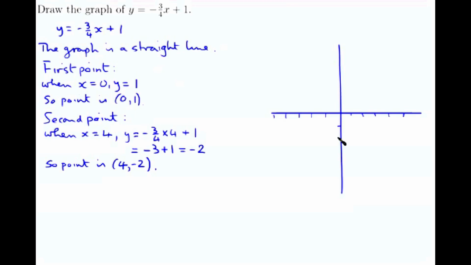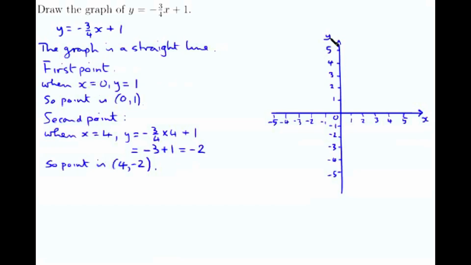And on the y-axis, so let me put arrows on and numbers. 1, 2, 3, 4, 5. 0 at the origin, minus 1, minus 2, minus 3, minus 4, minus 5, minus 1, minus 2, minus 3, minus 4, minus 5. Okay, so I have my axes ready.